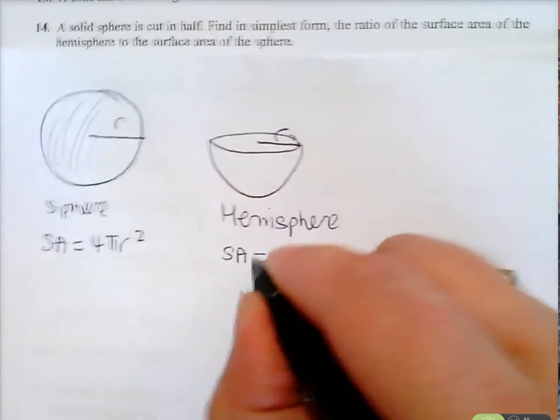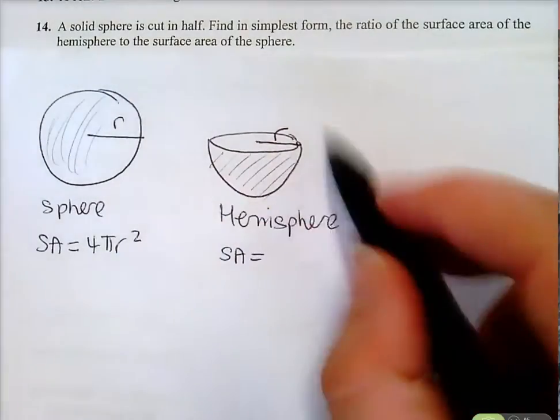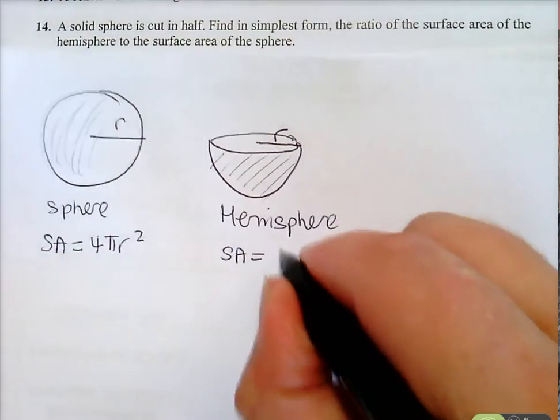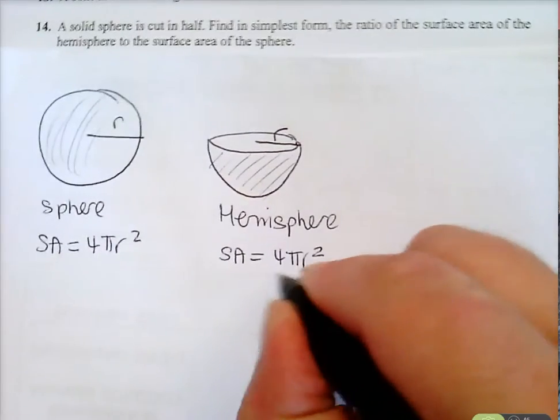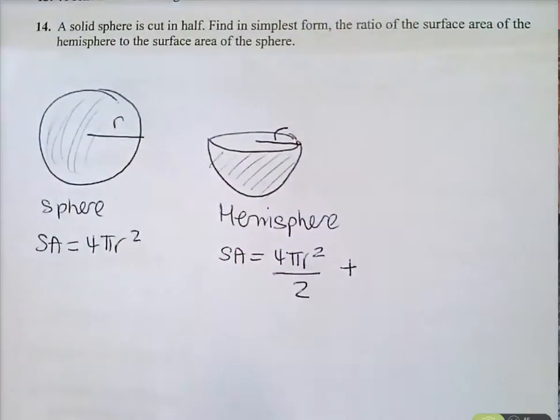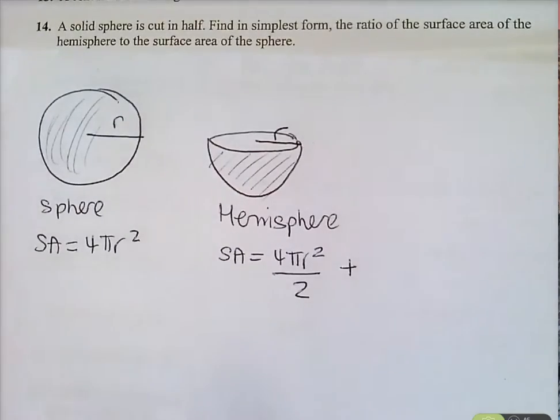Now the hemisphere, girls, when you're doing surface area, just look at all the different surfaces that you need to work out. The hemisphere is this, which is what? 4 pi r squared is the whole sphere, so it's going to be 4 pi r squared divided by 2, plus I've got the circle on the top. So you've got the curved bit and you've got the top.